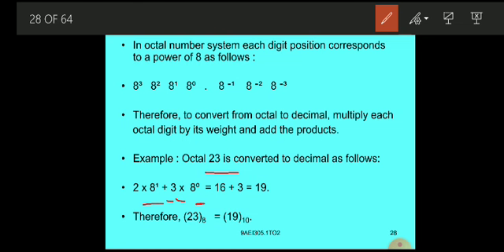So like that you have to do. Equals to, how much do you get? 2 8s are 16 and 8 power 0 is 1. 3 1s are 3. 16 plus 3, 19. That means the octal number 2 3 is equal to 19 in decimal.